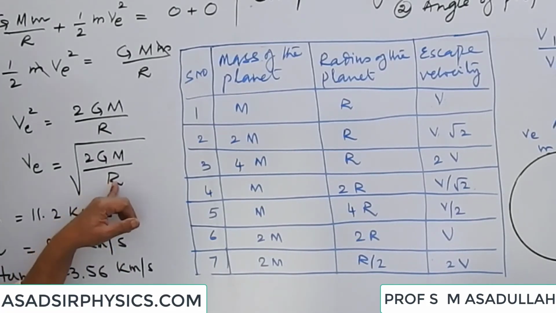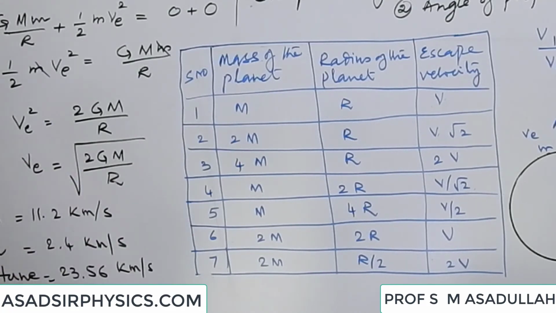If radius is doubled, the escape velocity will become 1 by root 2 times. Radius is made 4 times, the escape velocity will become half. If radius is halved, the escape velocity will become root 2 times. If radius is made 1/4, the escape velocity will be doubled.